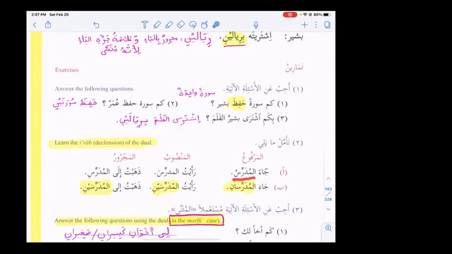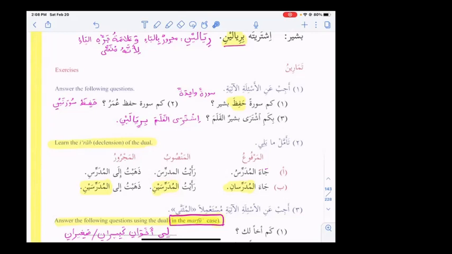Yes, it is marfu, bid-damma. Fine. Ra'aytu, I saw. What did you see? Now we need the maf'ul bihi, and it should be mansub. Ra'aytu al-mudarrisa. I saw the teacher. The teacher came. I saw the teacher.